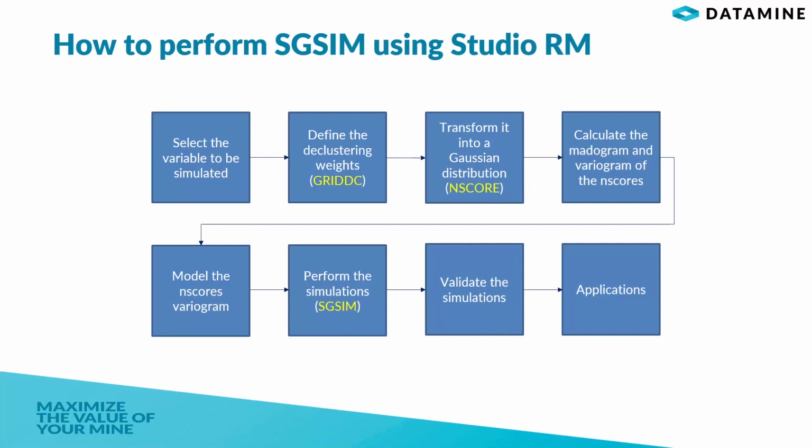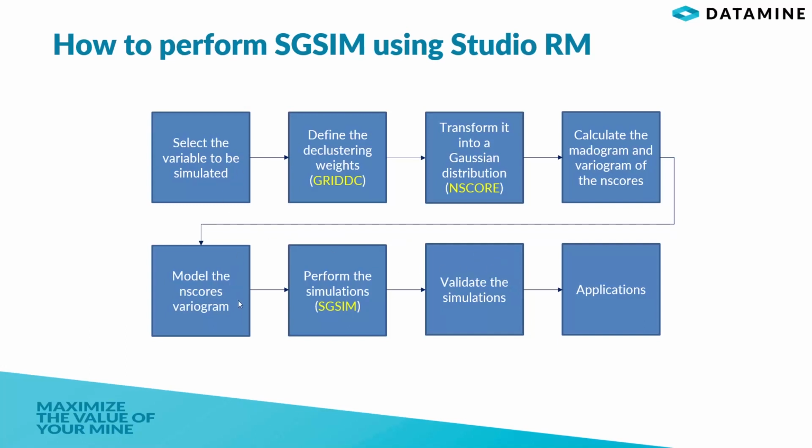After that, calculating the module and the variogram for the n-scores. Basically, this module is to validate the hypothesis of multinormality between pairs of these samples.